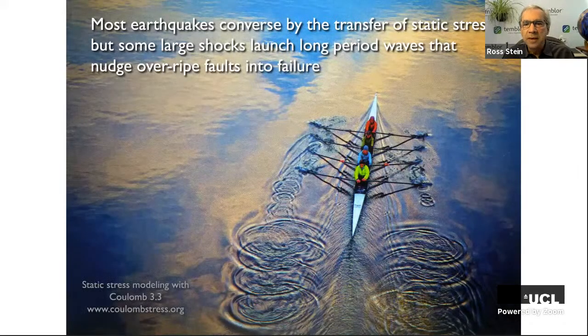My view is that most earthquakes converse by the transfer of static stress, but some extremely large, extremely rare earthquakes are able to trigger failure on what we might call overripe faults.